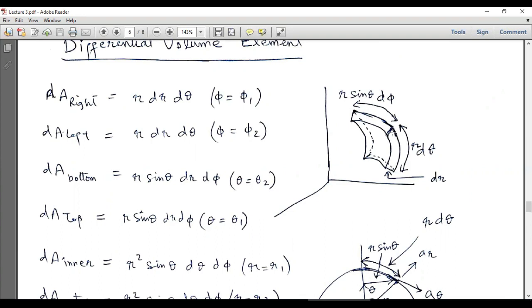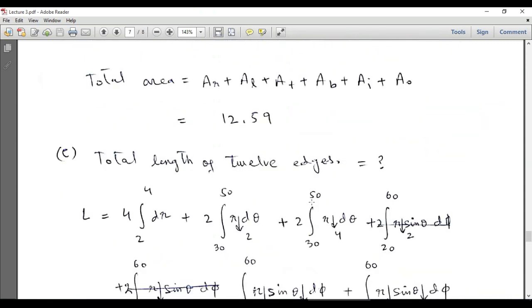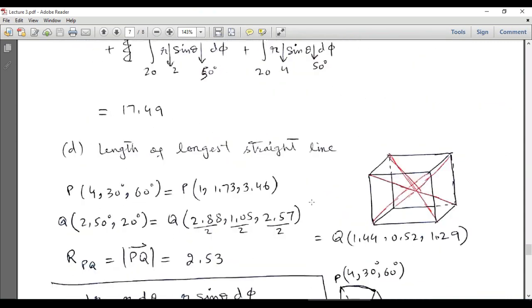So this is one vector along the theta axis, this is the second vector along the theta axis, this is the third vector along the theta axis, and this is the fourth vector along the theta axis. And similarly, we will have four vectors along the phi axis, and this is the first vector, this is the second, this is the third, and this is the fourth.